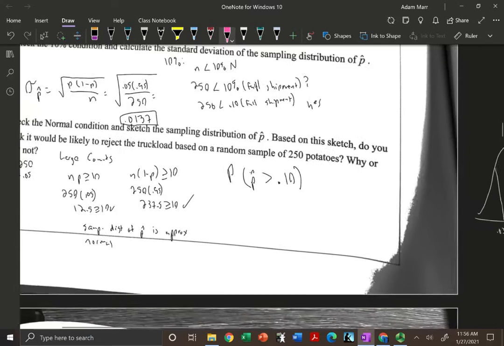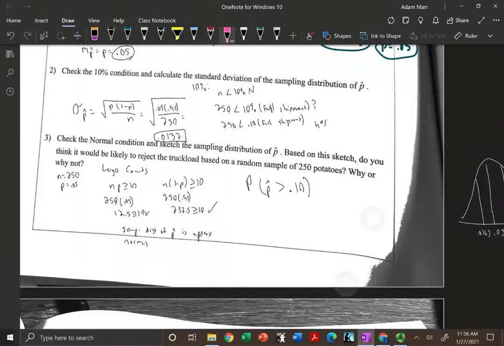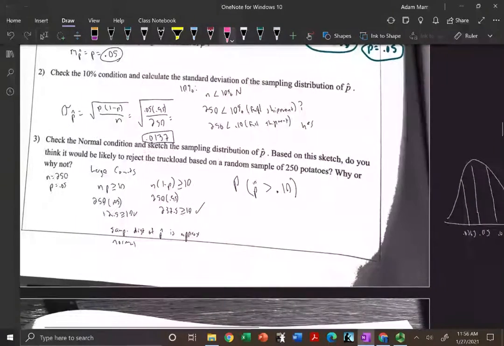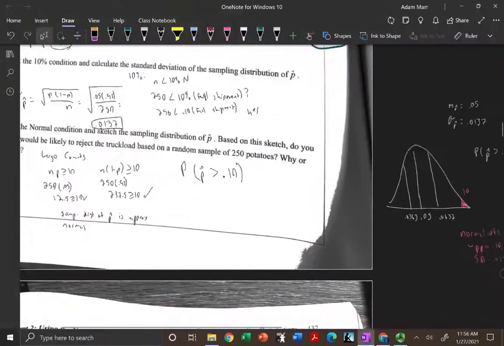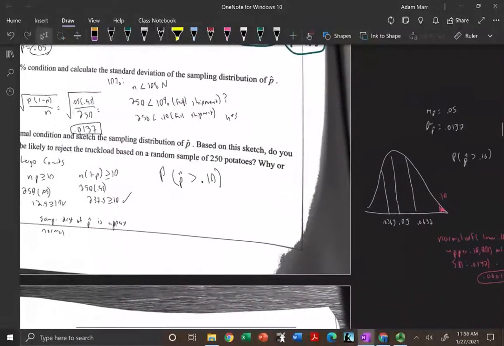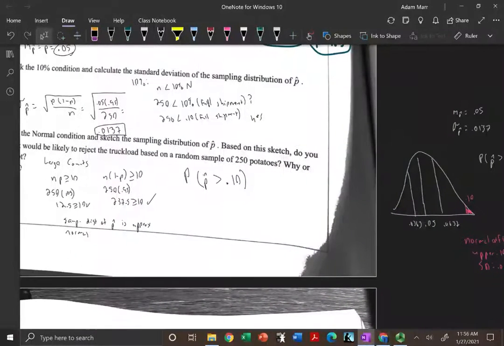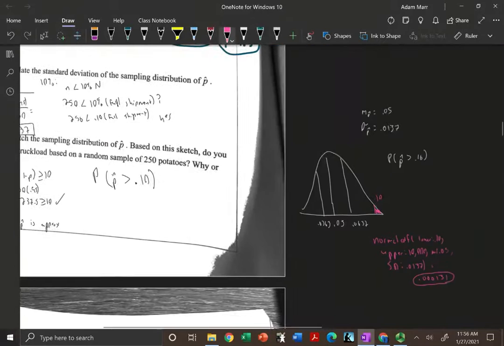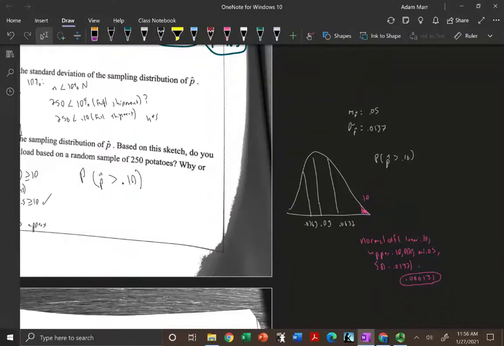They want to know, do you think it would be likely to reject the truckload based on the random sample of 250 potatoes? In this case, the probability of it being 10% or more is almost zero.